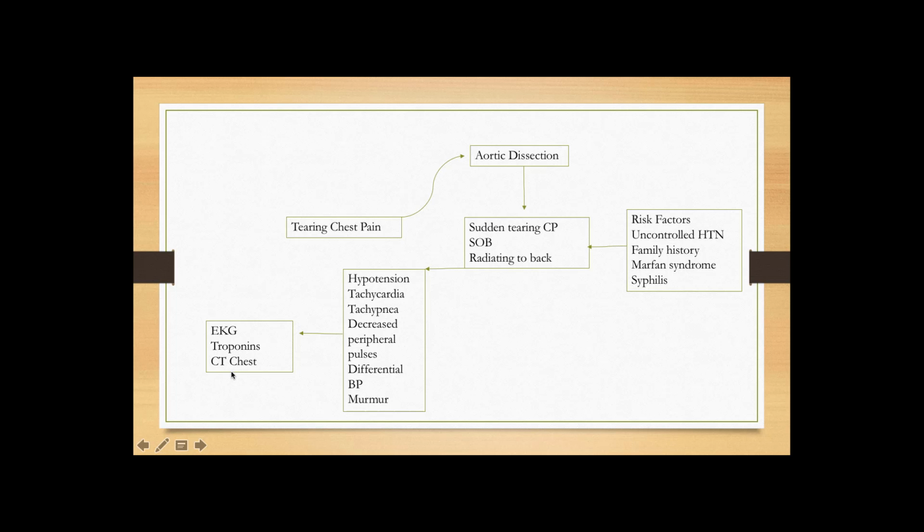Another thing to pay attention to here is that hemodynamic instability in the setting of chest pain is also going to be present in patients with severe complications from MI, for example, the mitral valve rupture or the left ventricular rupture.